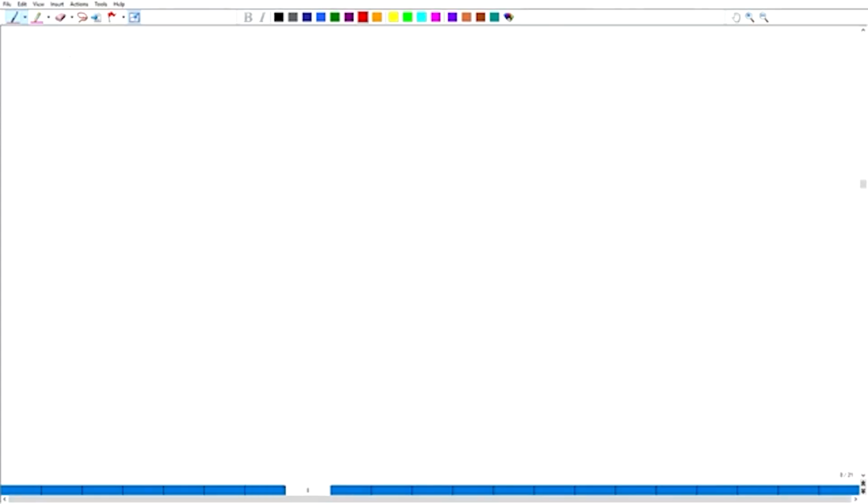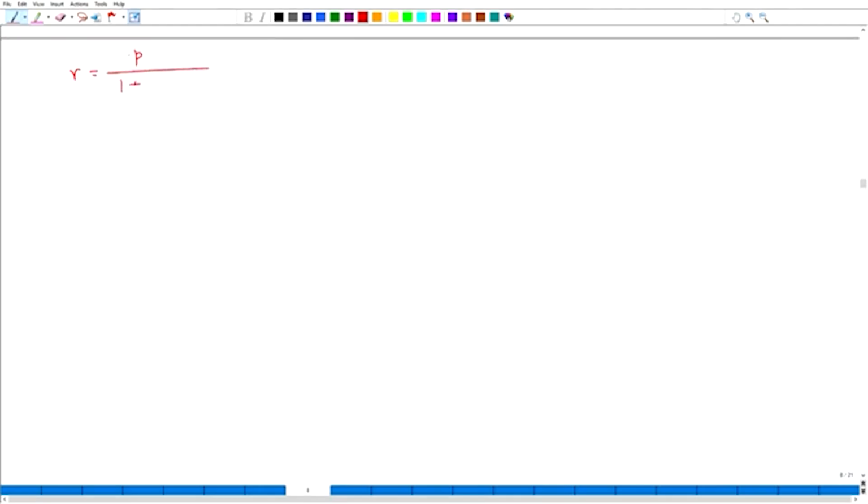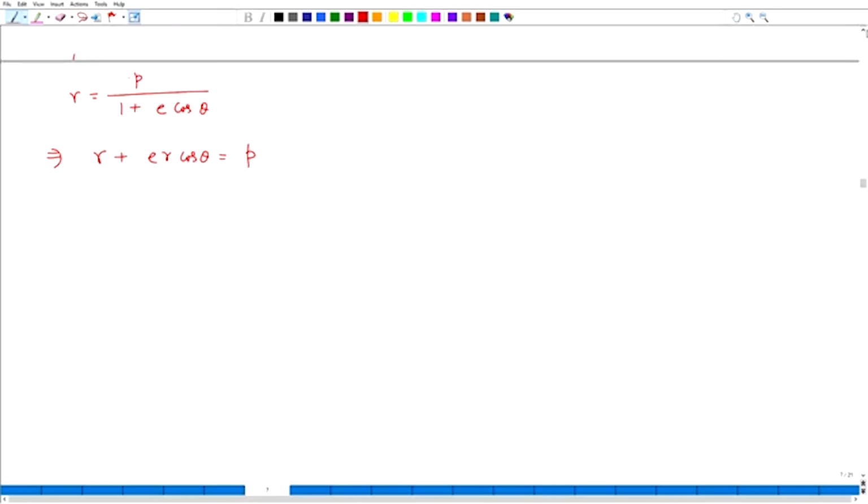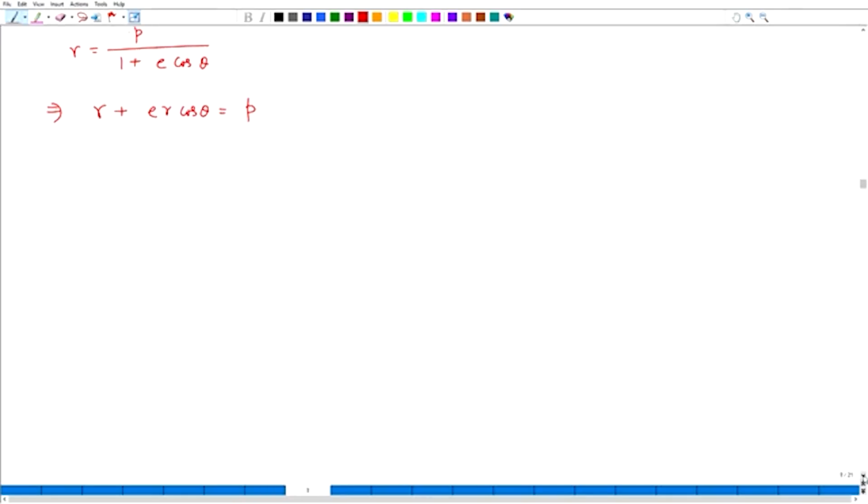So if I take r equals p over 1 plus e cos theta, then I can say r plus e r cos theta equals p. What is my r in Cartesian coordinates? It is root over x squared plus y squared, plus e r cos theta, which is e x, equals p, another constant.